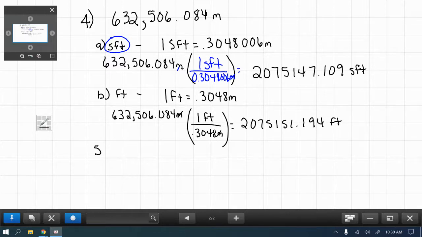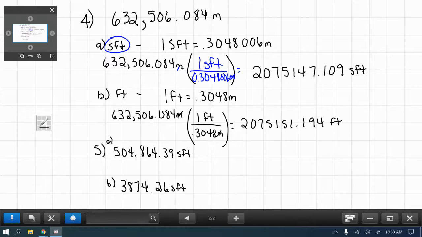So again, this is my conversion up here. 1 survey foot equals 0.3048006 meters.